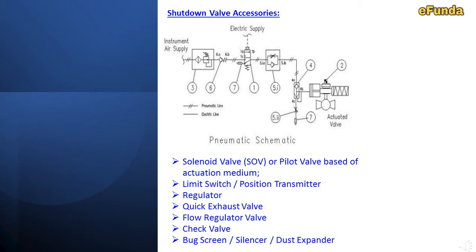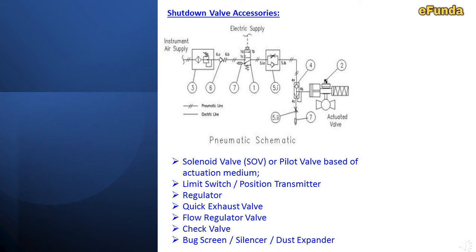Some of the components required essentially are the solenoid valve, that is SOV, or pilot valve based on the actuation medium, either air or gas, and limit switches or position transmitter to know the exact position of the valve, either open or close, or continuous valve position remotely.